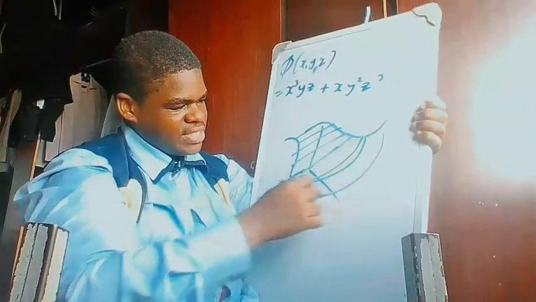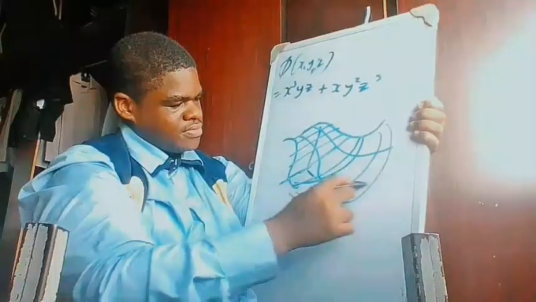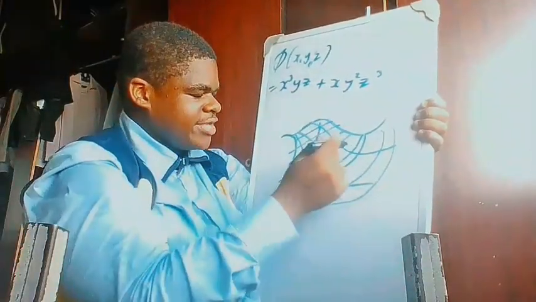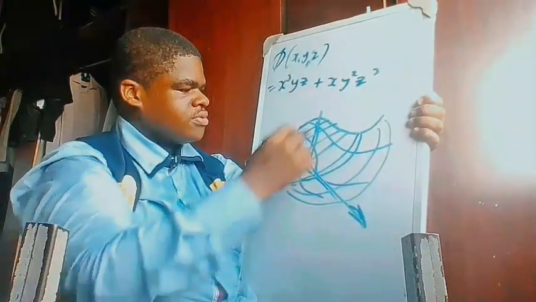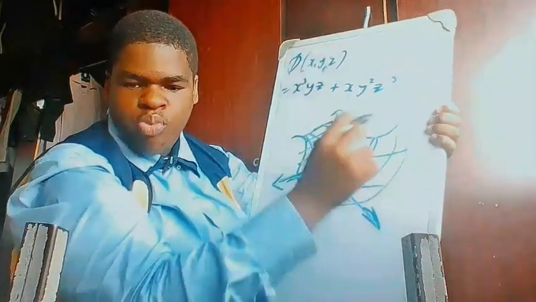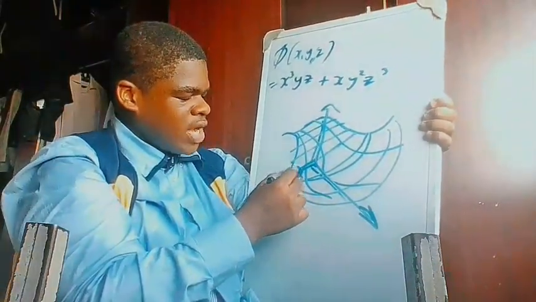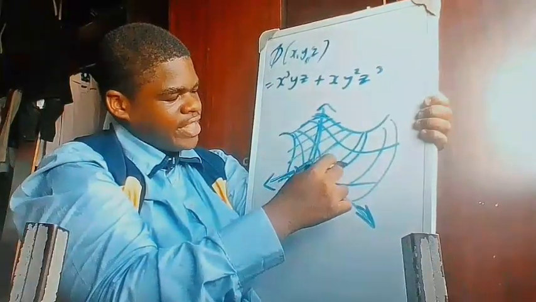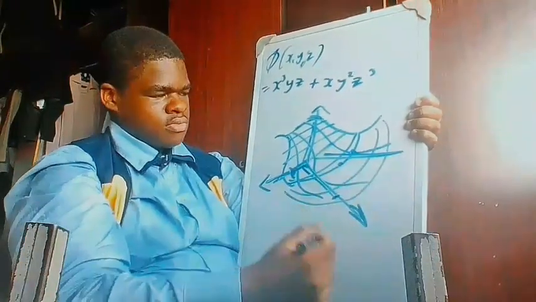Now basically what they're asking us to find is the gradient of this function at the point (1, 2, 3). That is when x is 1, y is 2, and z is 3. What's the gradient at this point?